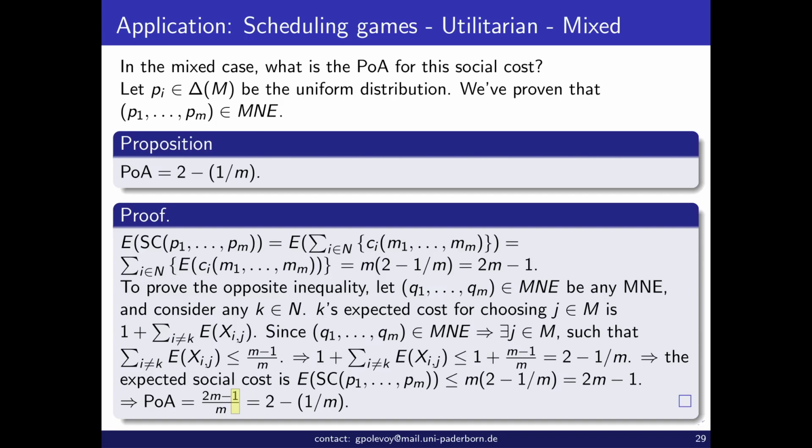So here the price of anarchy has grown from 1 to 2 minus 1 over m, which for large m is close to 2. But for the previous, the egalitarian cost function, the price of anarchy was of order log m over log log m. So there, for large m, it would be going to infinity. Very slowly, but it would be going to infinity.